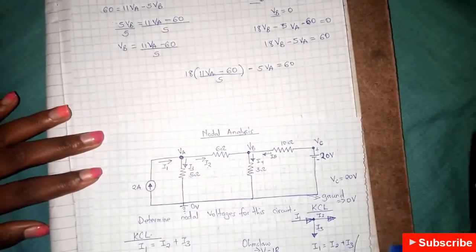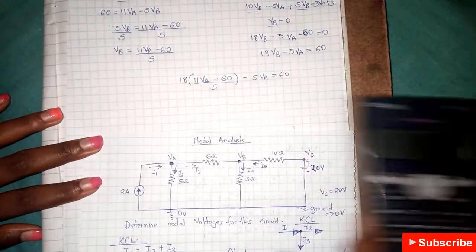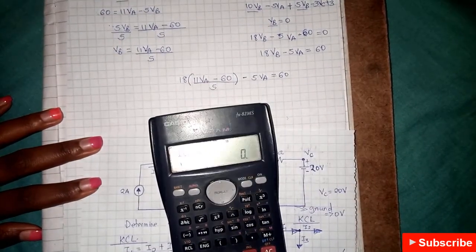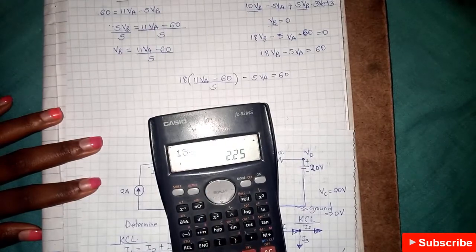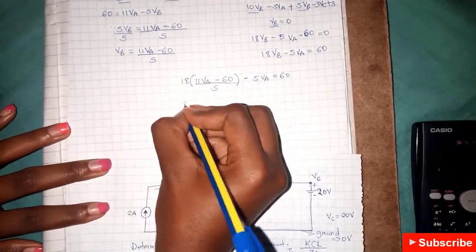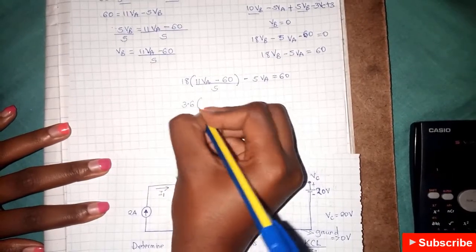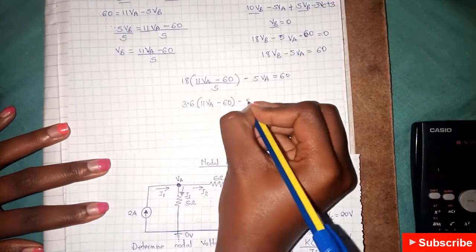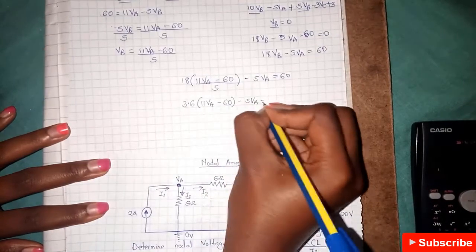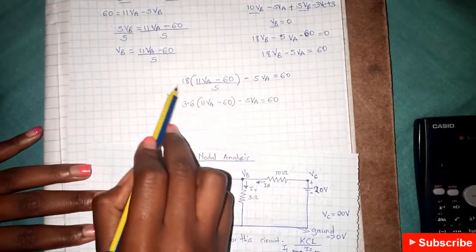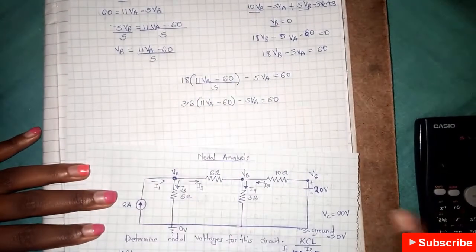Now 18 divided by 5, sorry, we have 3.6 into 11 VA minus 60. Okay, since this 18 is only for this, we can just divide it.